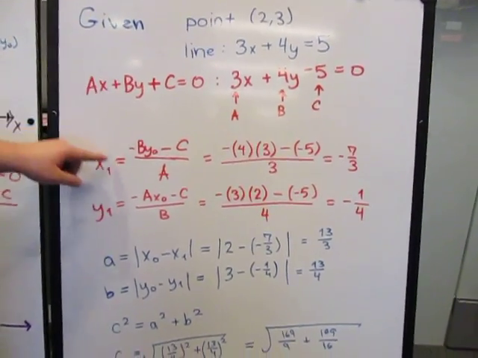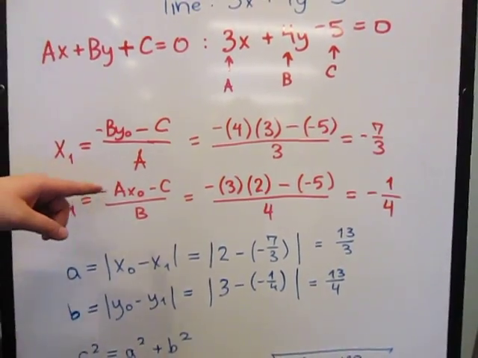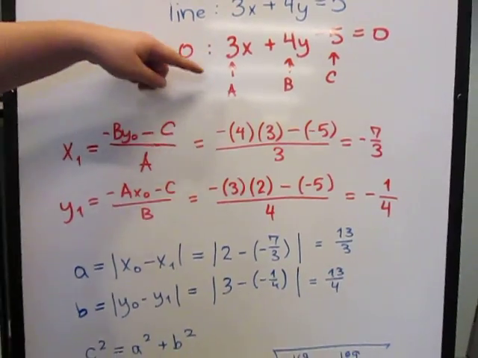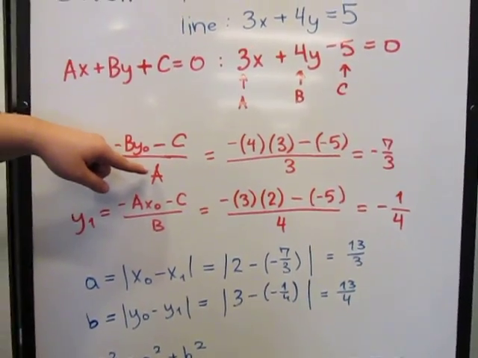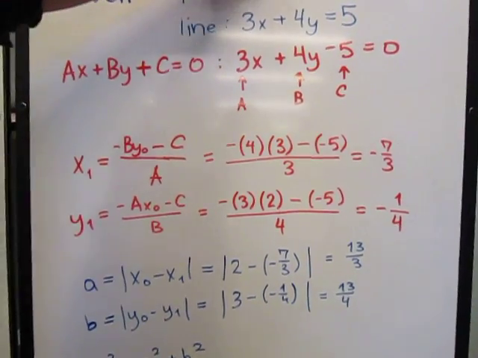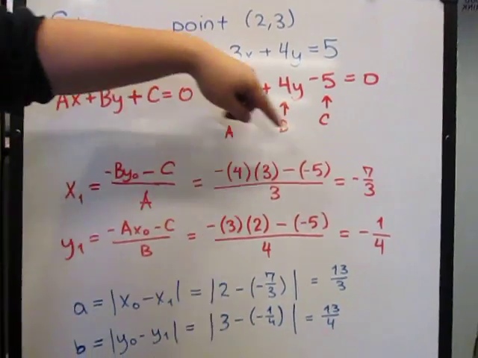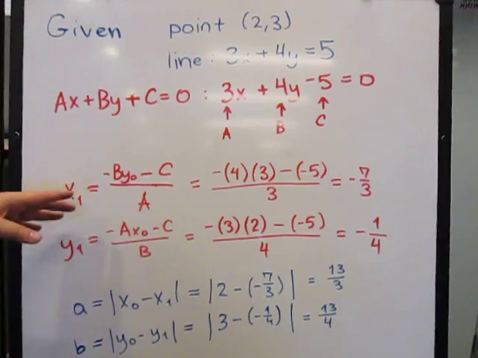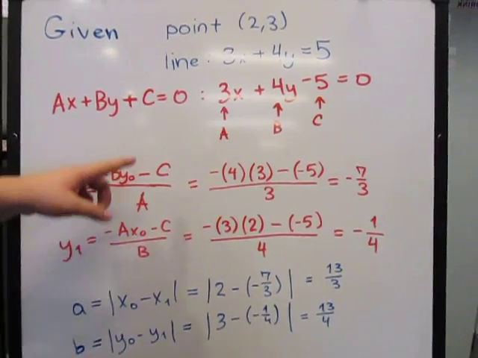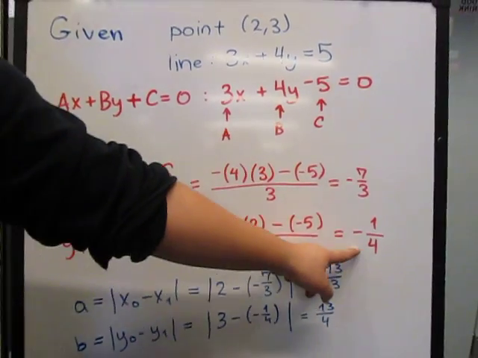For x1, this is the equation that we solved earlier, and by plugging in A, B, and C, and our y0 from our point, which is 3, we can see that x1 equals -7/3. In the same way, plugging in A, B, and C and our point x0 as 2, we can solve y1, which becomes -1/4.